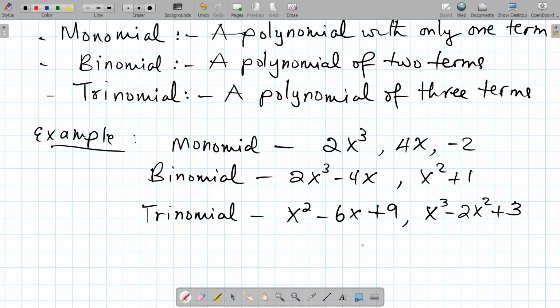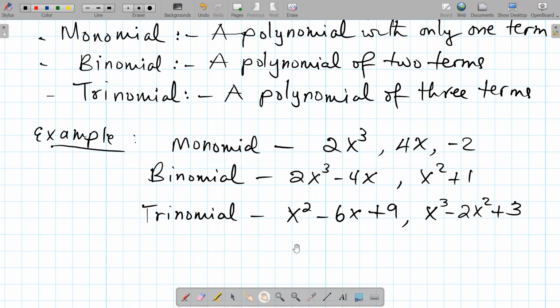This is also a trinomial. So these are the various types of polynomials that we could have. Now, any other polynomial is just generalized as a polynomial. Any polynomial that does not have one, two or three terms, but has more terms in it, is simply a polynomial.